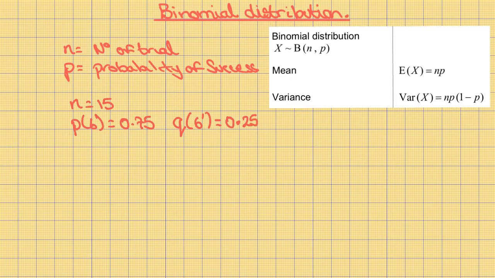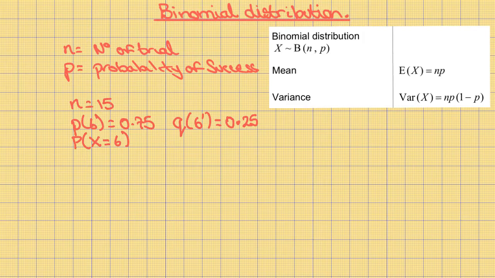You might be asked, what is the probability that our random variable x is equal to 6? In other words, in the 15 trials, what is the probability that you roll 6 sixes?